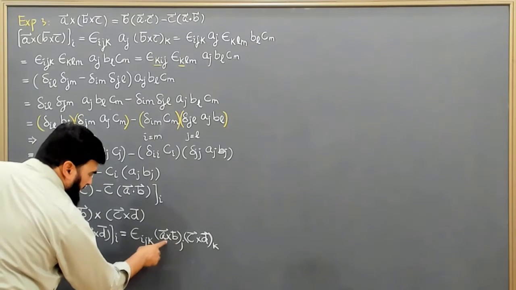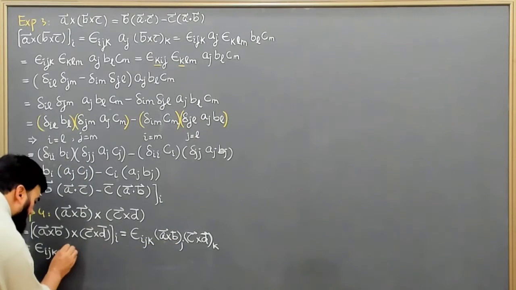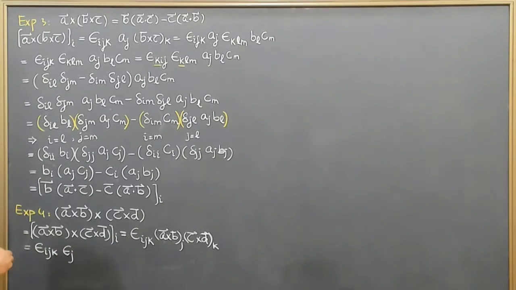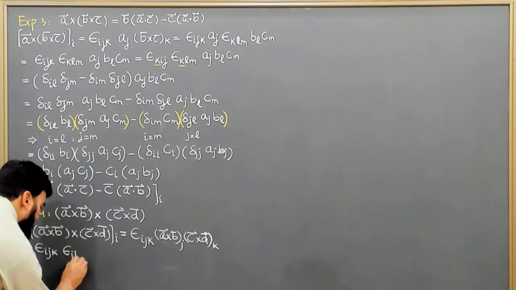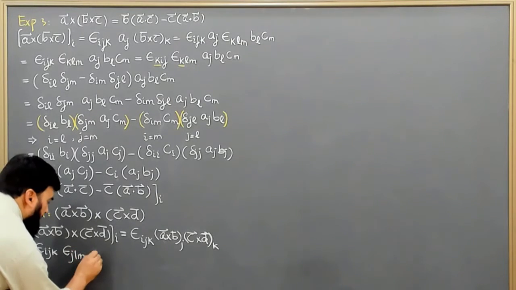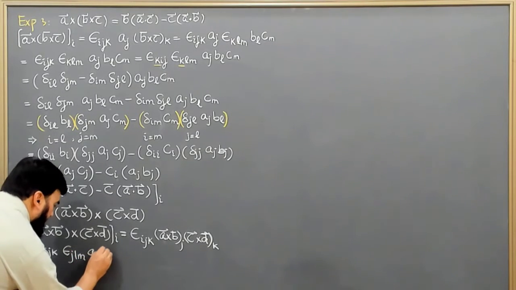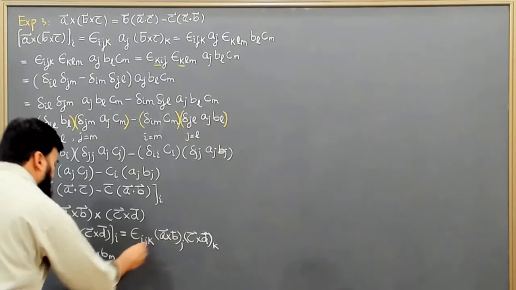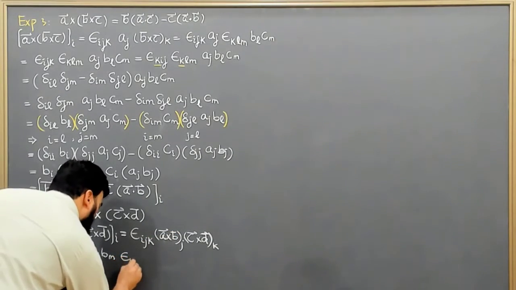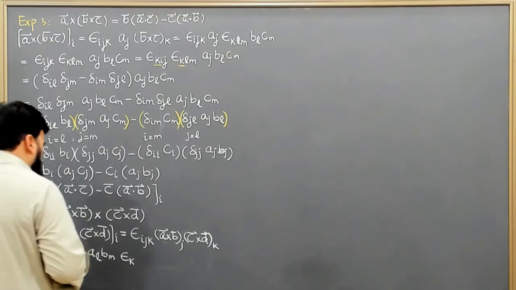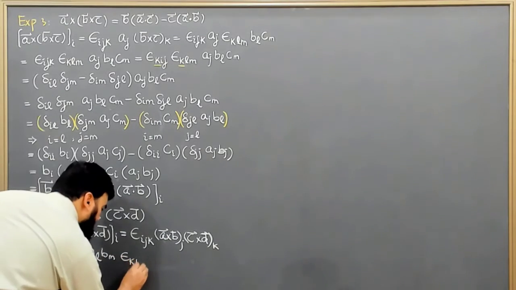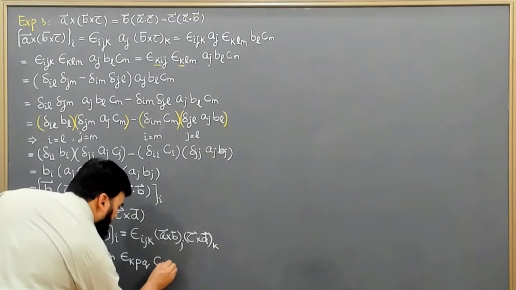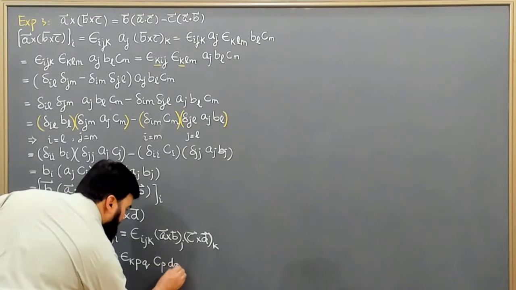So this is A cross B J, so I will write epsilon J here, and let's say I write LM with the next indices LM, so it is A L and B M. And then for this one, this is epsilon K, and I write the other indices P and Q, so it is C P and D Q.